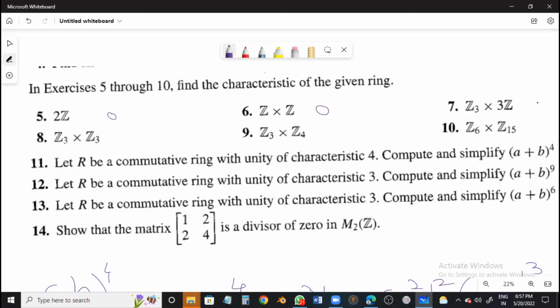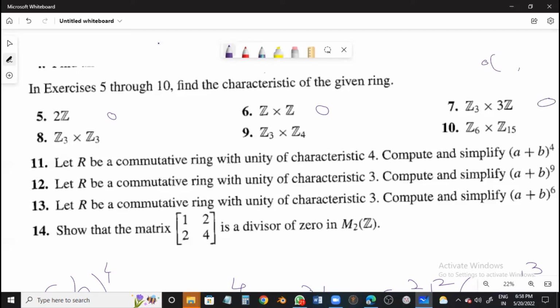The entries are of this fashion. Z3 means either 0 or 1 or 2, I know, but the entry here will be an integer, and all the integers cannot be made 0. There is no single natural number which will make the entries 0. So the characteristic is again 0 here.